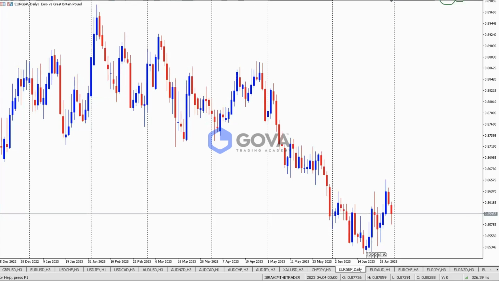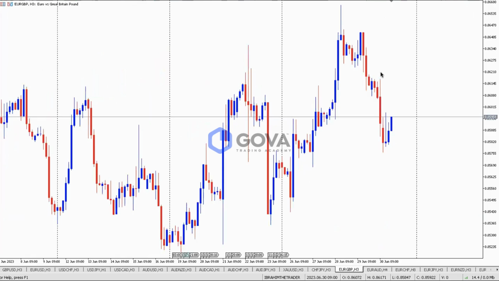The next period separator we are looking at right now is the weekly period separator. Okay, so this weekly period separator, we usually mark it on the H3 time frame. We usually look at it on the H3 time frame.